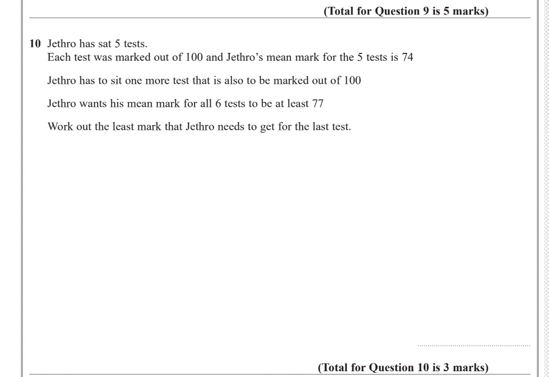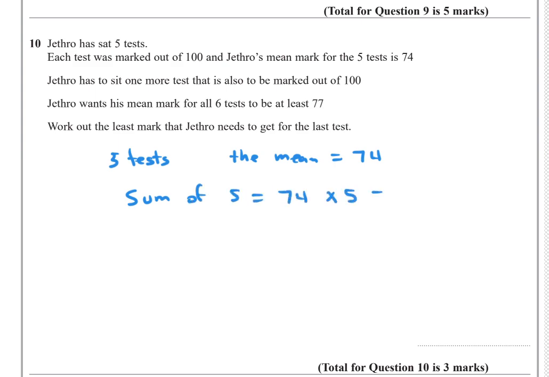So for the 5 tests, the mean equals 74. So the sum for the 5 tests equals 74 times 5, 370. For 6 tests, he needs the mean at least 77.